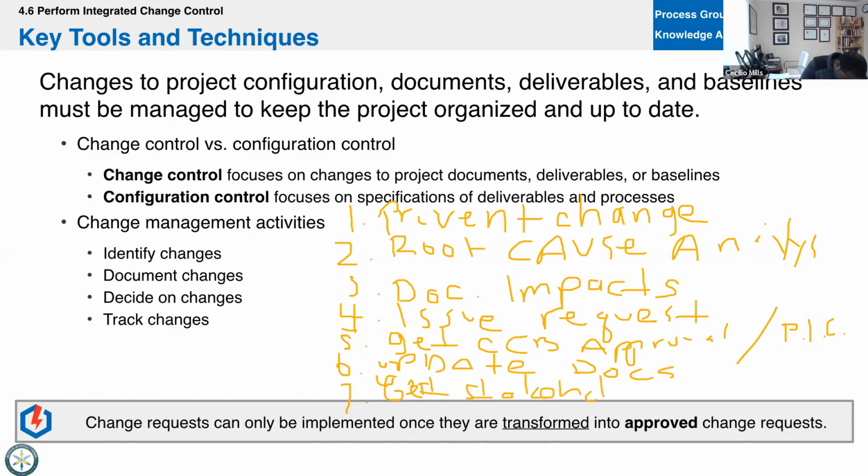So get stakeholder buy-in. And then your last step, step 8, now direct and manage the team according to the new plan. Direct and manage team according to new plan. I don't have space, but.